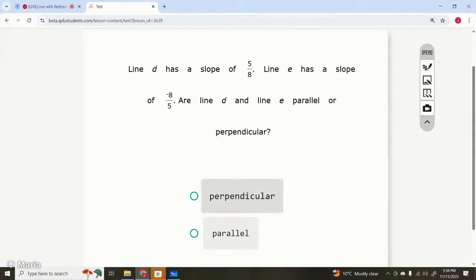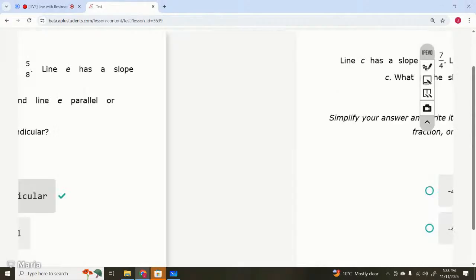The lines are perpendicular because their slopes are negative reciprocals.